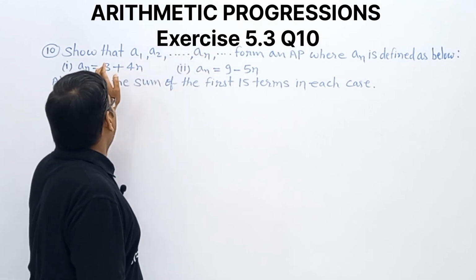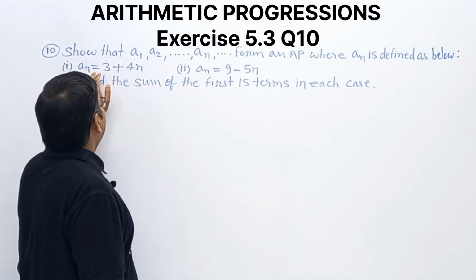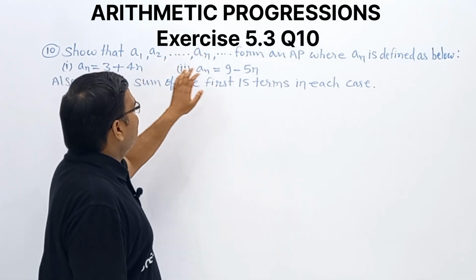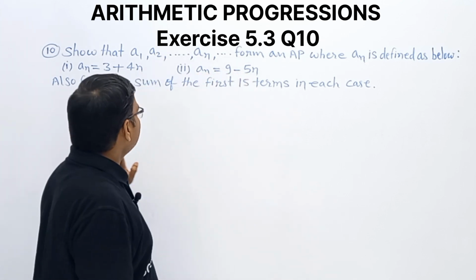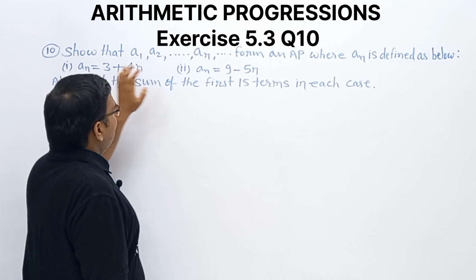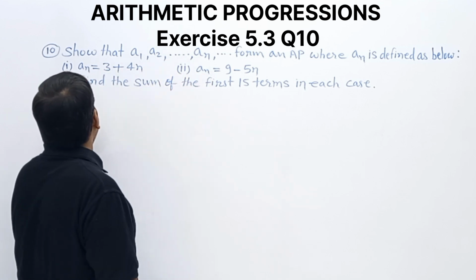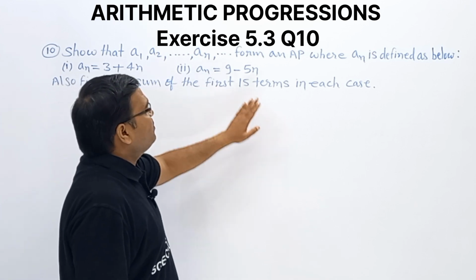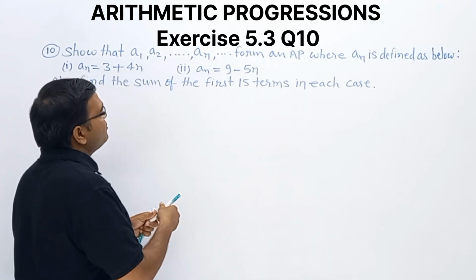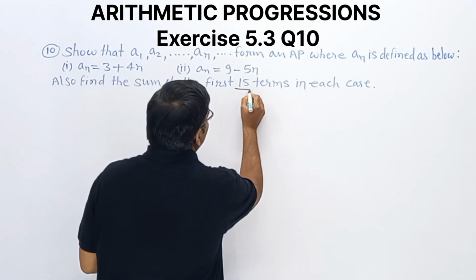In the first one, AN equals 3 plus 4n, and in the second one, AN equals 9 minus 5n. Clear? Also find the sum of the first 15 terms.